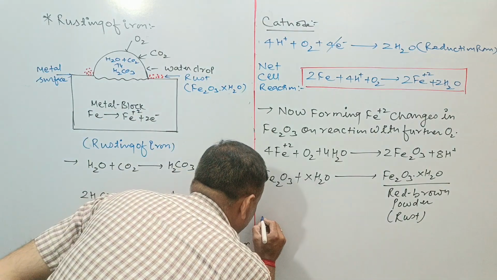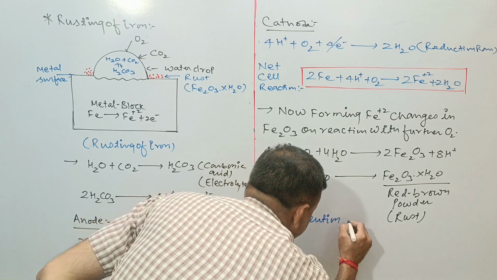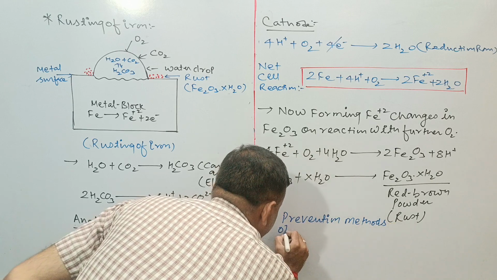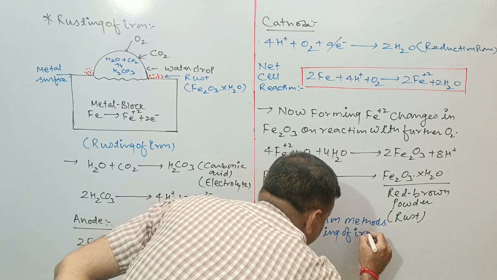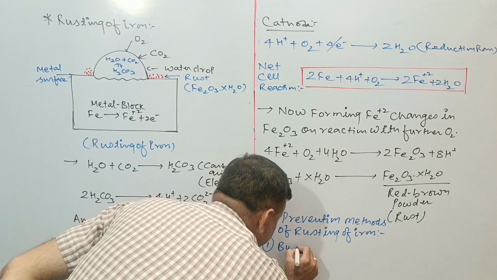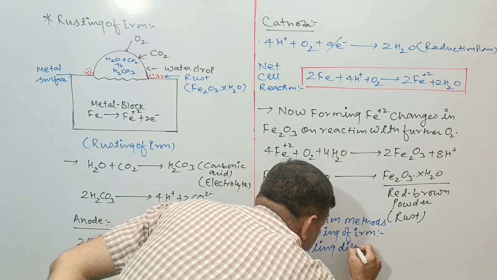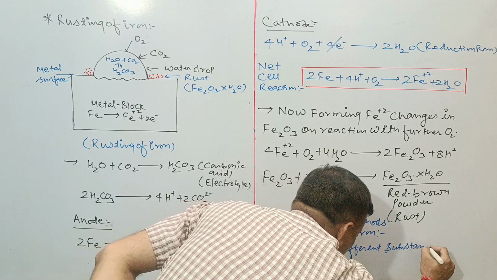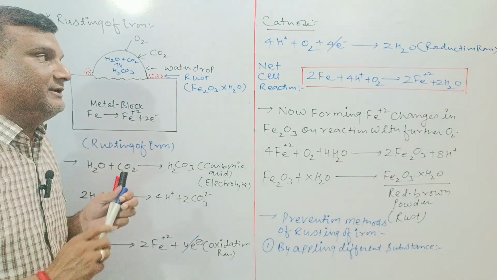Now the time to discuss the prevention methods of rusting of iron. For this, first of all, we will go by applying different substances. We will go through the mechanism properly.